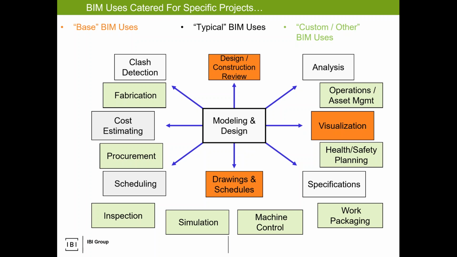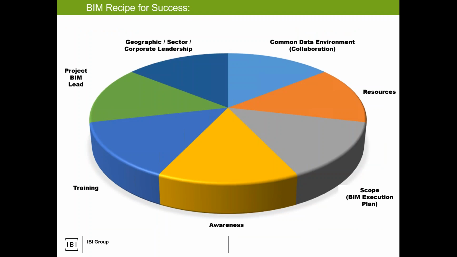So all of a sudden, we're entering projects with pre-existing data and owners with expectations for stuff around all of these BIM uses. BIM execution plans basically say, these are what we're going to do, and this is how we're going to do it.